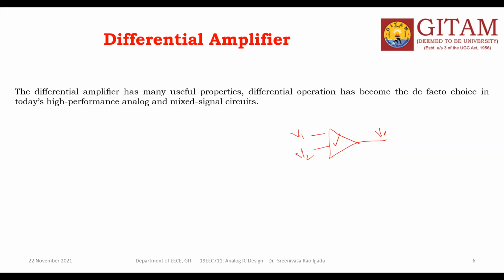Inverter. So the basic element of any analog design is only the op amp. What is inside the op amp we need to study? That is the differential amplifier. One of the blocks inside the op amp is what? Differential amplifier. So that's why we need to study the differential amplifier.